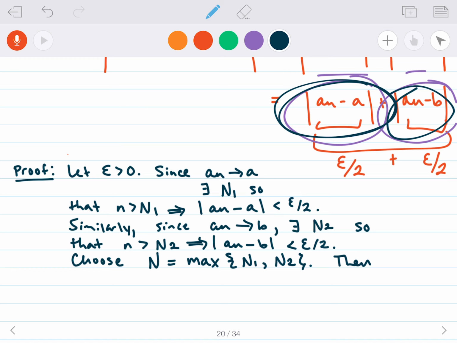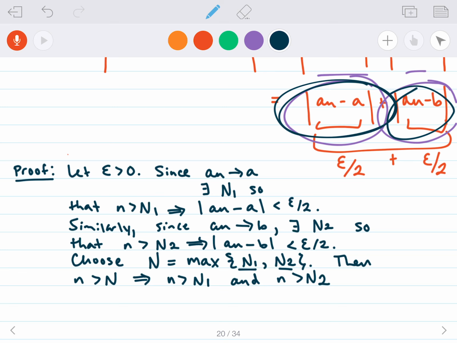Then, n bigger than capital N, what does that mean? Well, since capital N is the max, if little n is bigger than capital N, we have little n is going to be bigger than N1, and little n is going to be bigger than N2. Right? Both of these things are true if n is bigger than the max of N1 and N2.